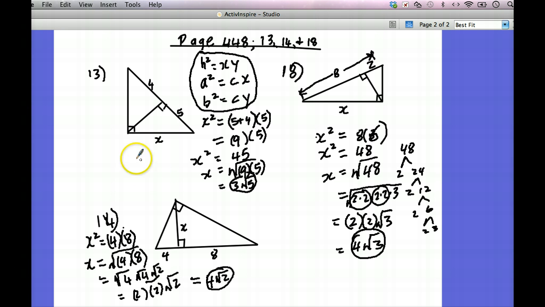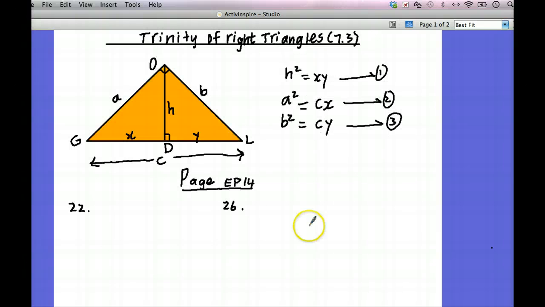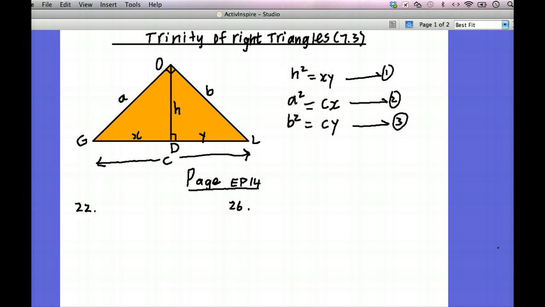And let me take a look and see if I could do a couple others for you on the other page. I have number 22 and number 26. Here's number 22. You're going to have to give me a little time to draw it. Number 22 looks something like this.